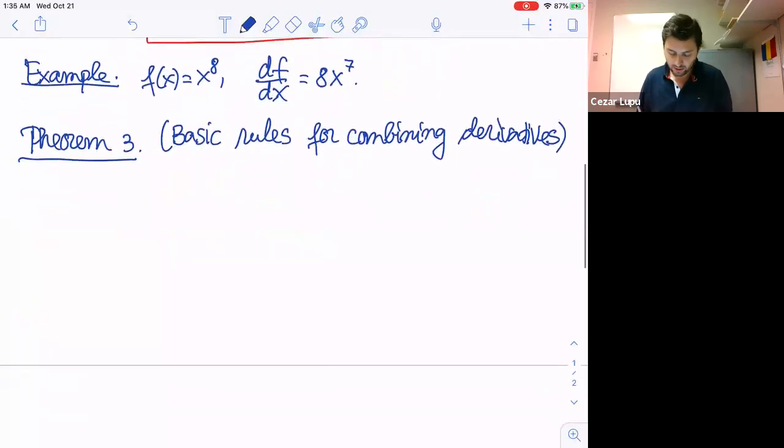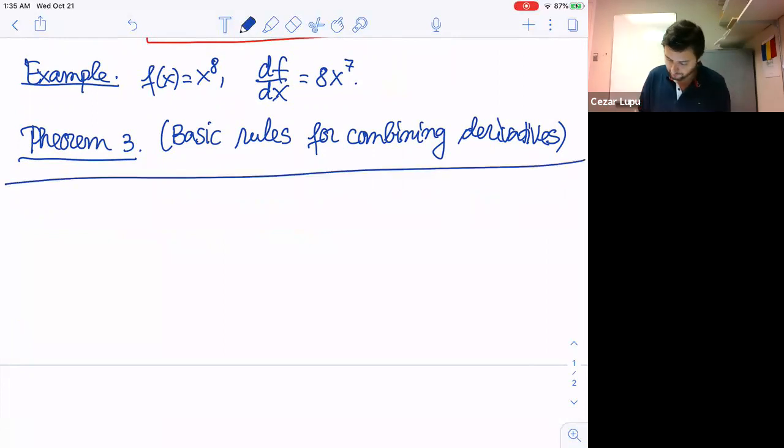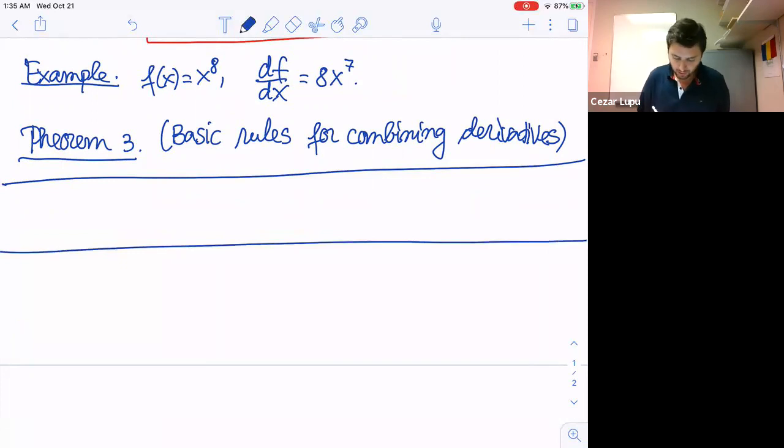I'm just going to draw a chart here. Here I'm going to put the name of the rule, and let's keep the function notation.